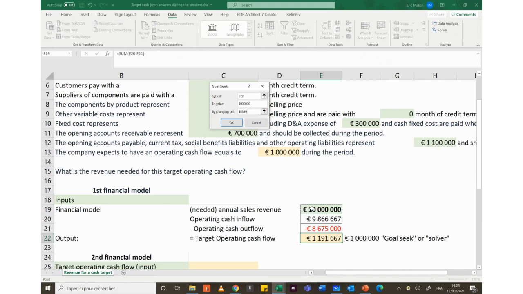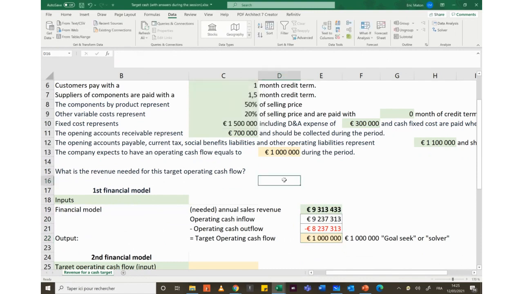So I say to Excel, please find the sales revenue for target operating cash flow equal to 1 million. And now we have the calculation. So I need 9,313,433 in order to finish with 1 million.